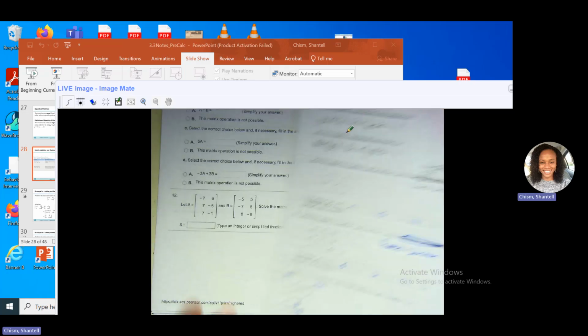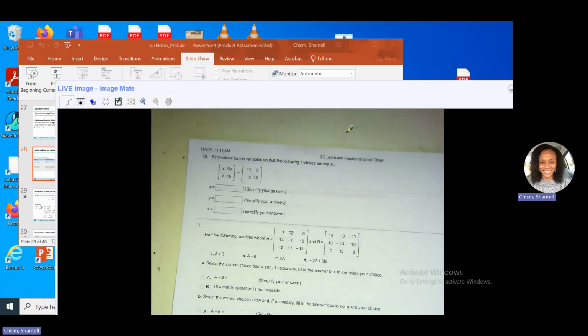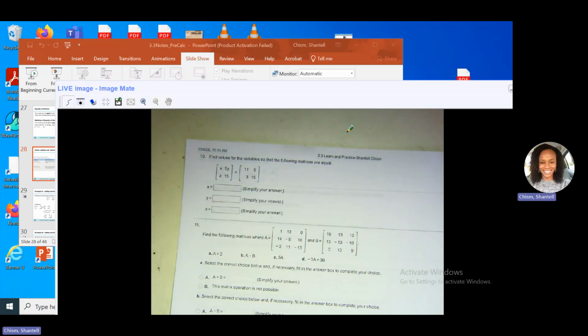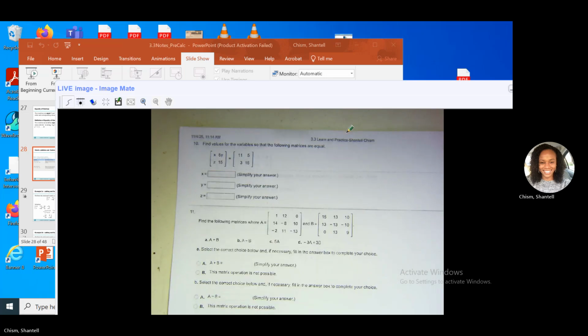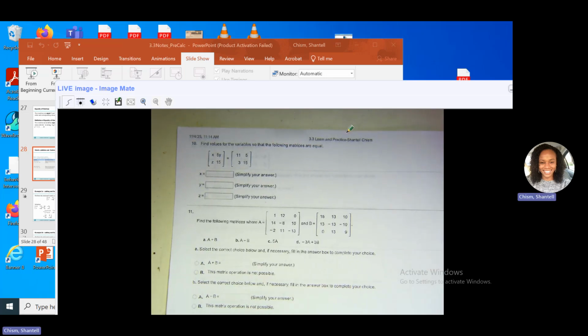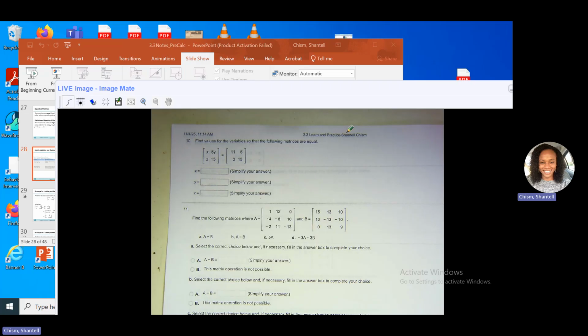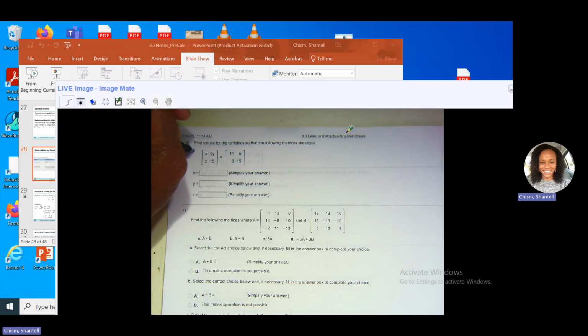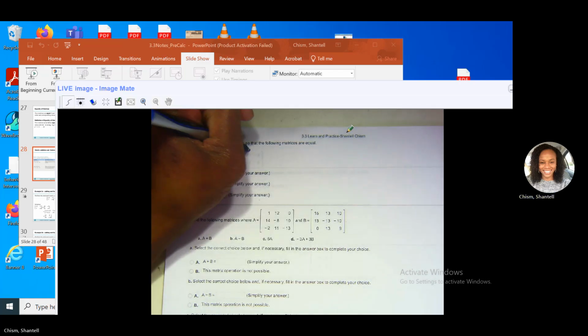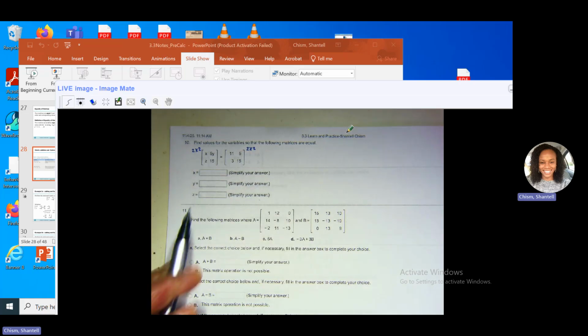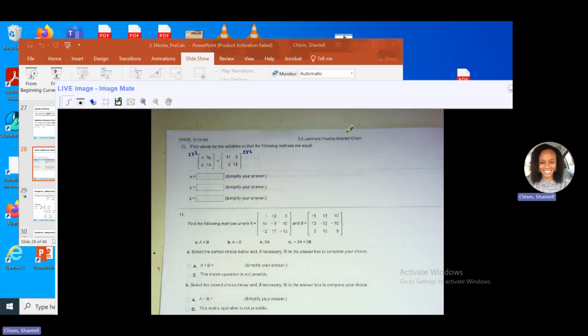Let's look at another one here. May have to do a little bit more work on this one, but let's look at it. So number 10, find values for the variables so that the following matrices are equal. So here we've got a 2 by 2 equal to a 2 by 2. So the top left element should equal the top left element in the other one.